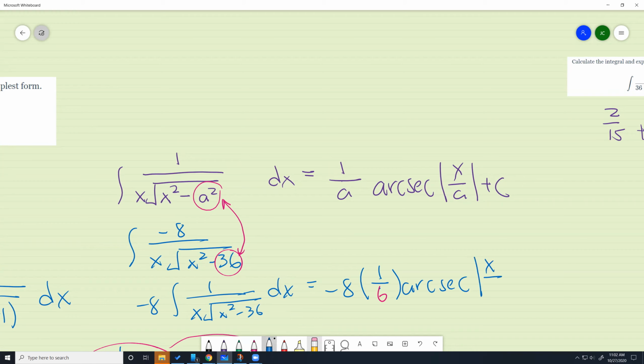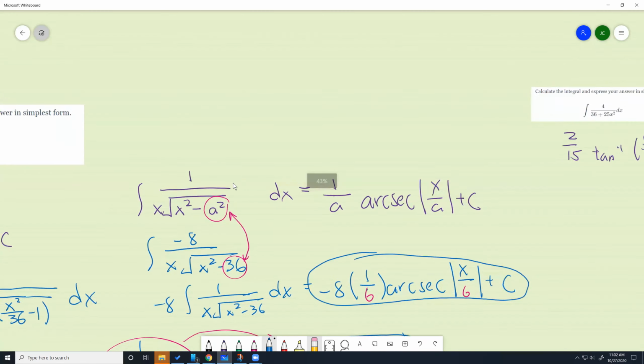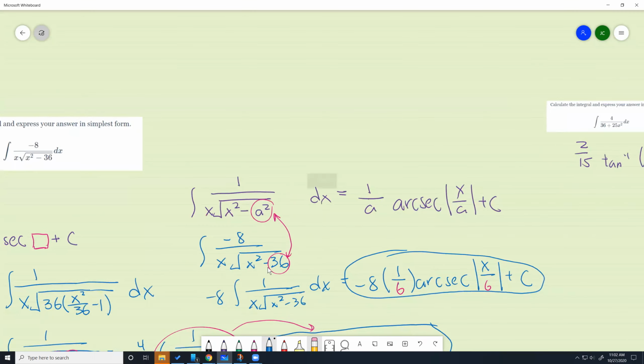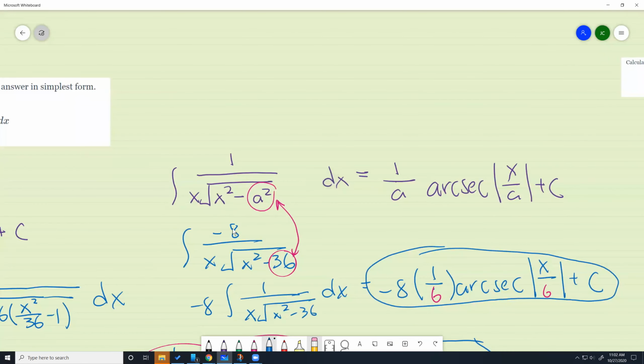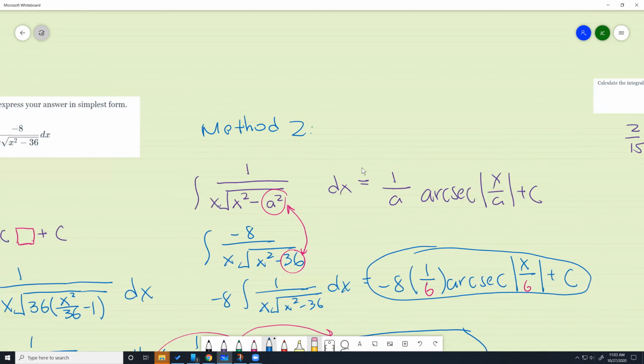And if you simplify this, it'll be the same answer we did before. All right. So two methods. I'm thinking that this way is easier, is less work to do. You can quickly see what x and a are going to be. So this is method 2. All right, there you go.